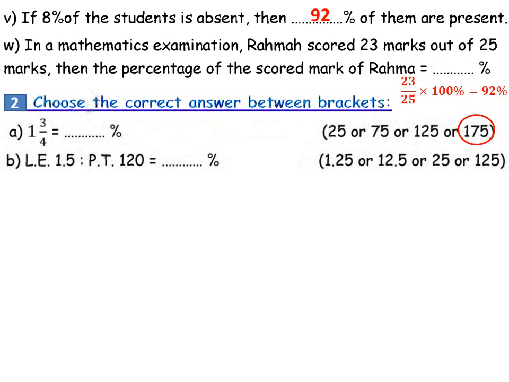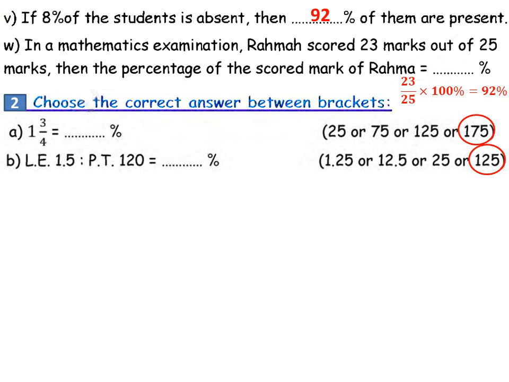The ratio between 150 to 120 will be 5 to 4. 5 to 4 equals 5 over 4, 1 and a quarter, okay? 1 and a quarter as a percentage: 1 equals 100%, and the quarter equals 25%. So 125%.